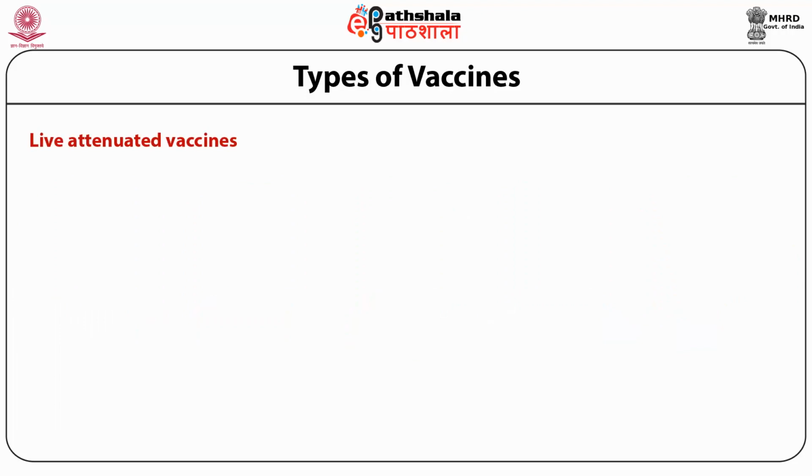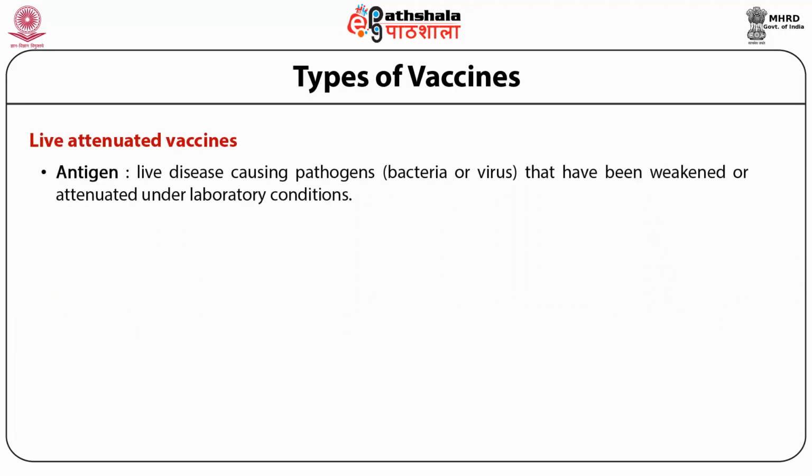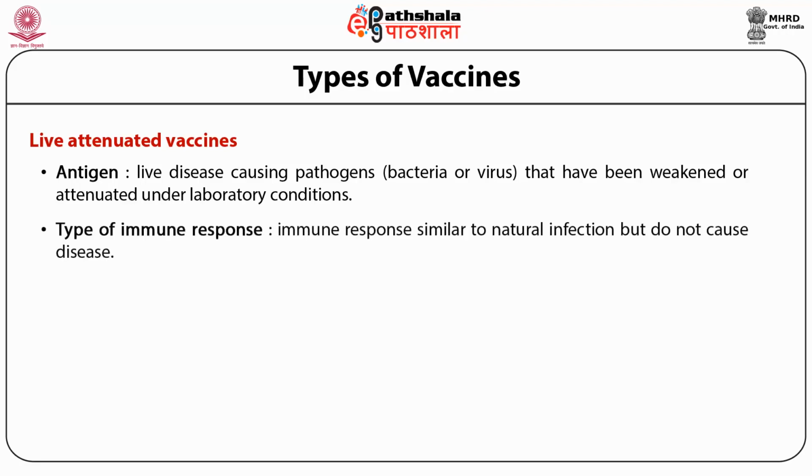Live attenuated vaccines consist of live disease-causing pathogens, that is bacteria or viruses, that have been weakened or attenuated under laboratory conditions. So the immune response which they generate is similar to the natural infection. The only difference is that these do not cause any disease.